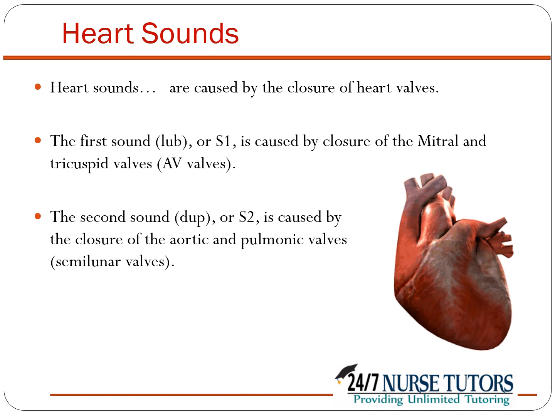Remind me, which valves are the AV valves? That's right. The mitral valve is on the left and the tricuspid valve is on the right. Okay, so which are the semilunar valves? Yes, the right one is the pulmonary valve and the left one is the aortic valve.